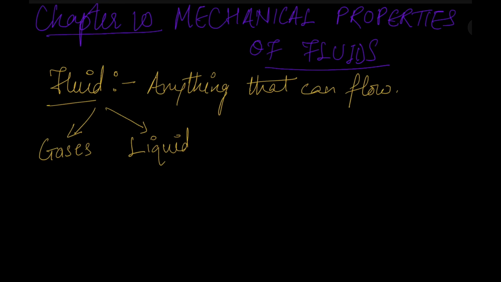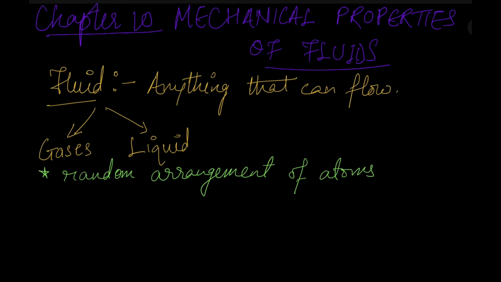So with our knowledge of fluids, we can characterize that there are some common factors between them. Both gases and liquids have randomly arranged molecules. So we have a common factor, which is random arrangement of atoms or molecules.